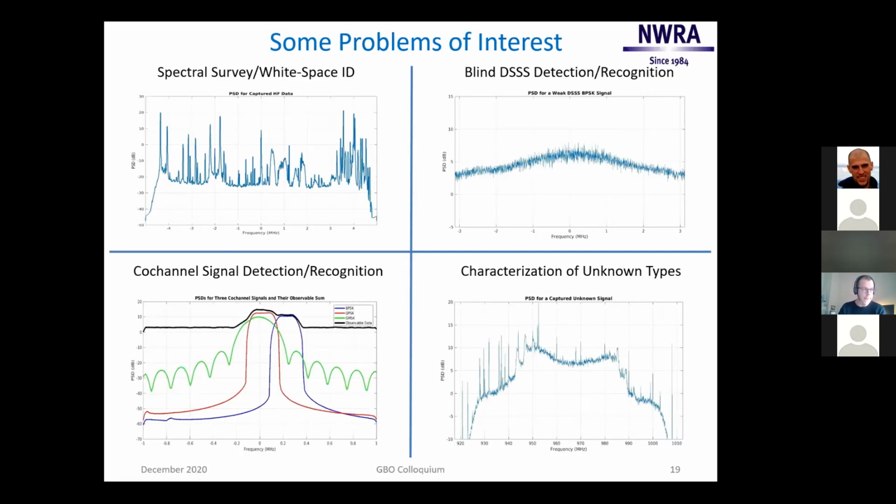If you have a signal you're trying to receive and another signal is right on top of it, you may want to remove that interfering signal. There are ways to do that, including the fresh filtering I mentioned, but they need to know highly accurate parameters of those signals that are interfering with each other before the algorithms can be effective. So it can be used as a preprocessor for signal separation.